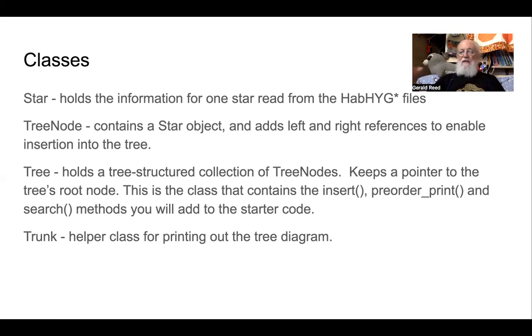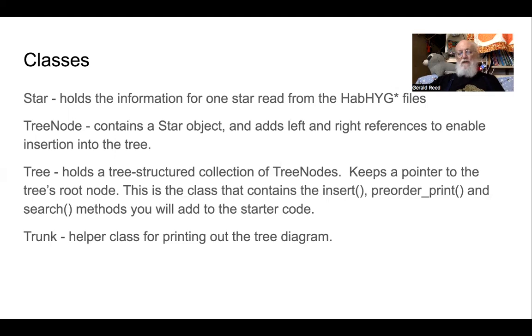And it adds left and right references, which enables the star to be inserted into the tree without actually touching the star object itself. It's a very common pattern that you have a data object embedded in some kind of node object. Then the node object carries the overhead that's required to actually collect the data objects up into some useful format.